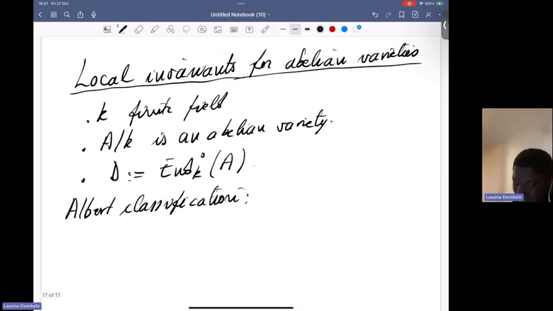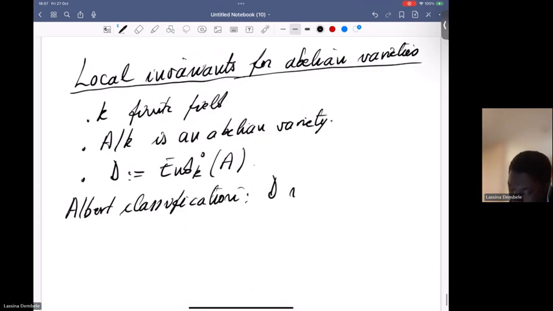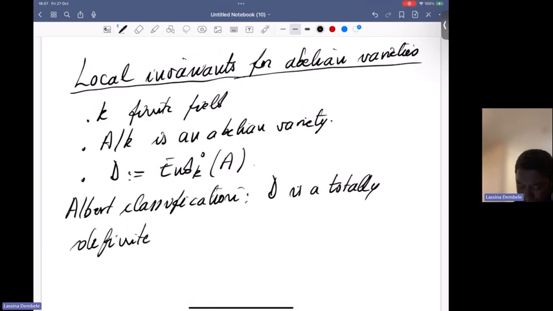So it says that D is a totally definite division algebra.